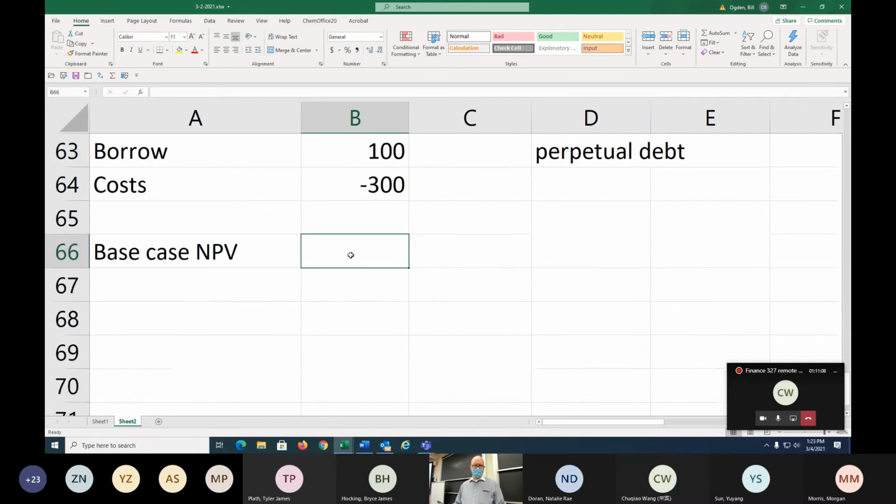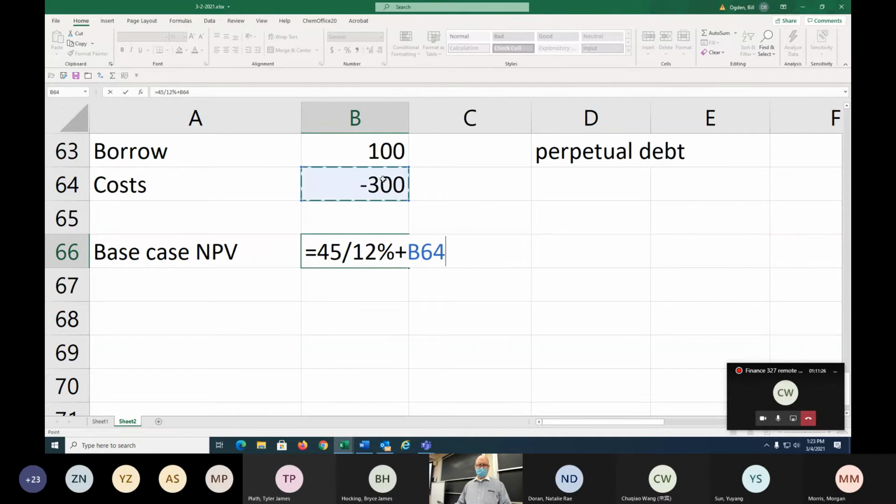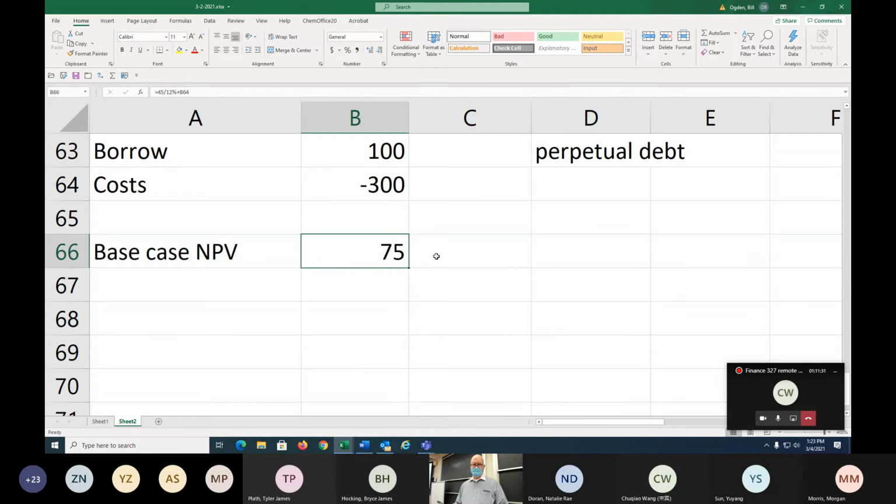So I'm going to say equals 45 divided by RU, which is 12%, minus the cost of the project, 75.